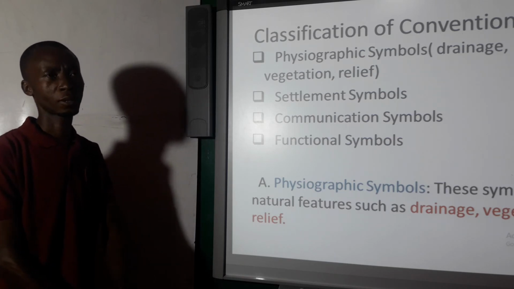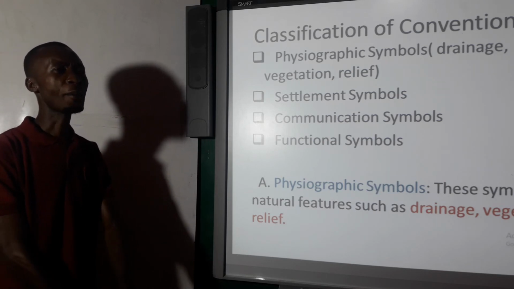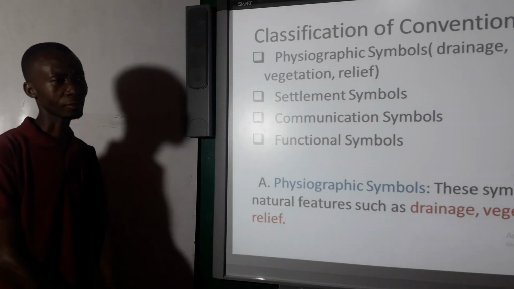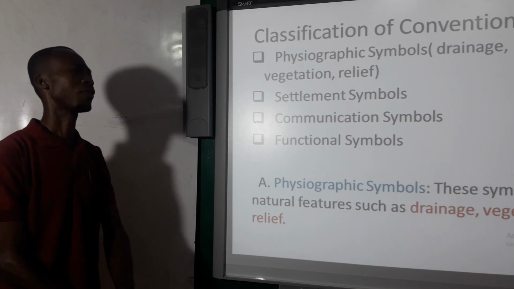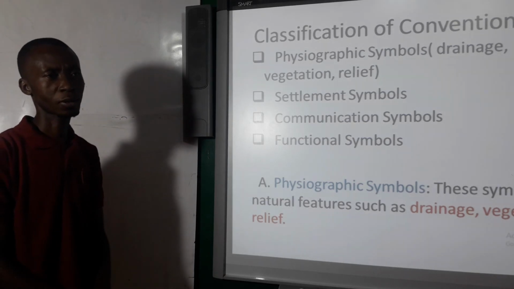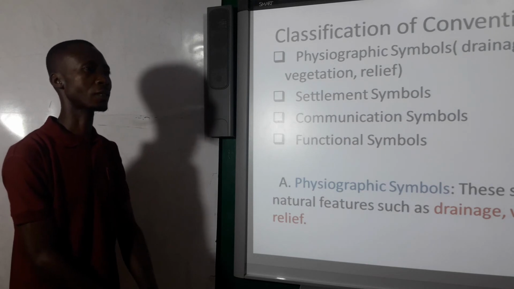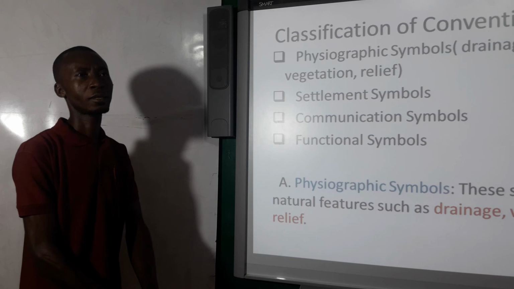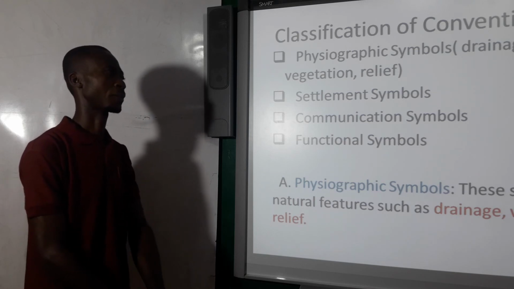Examples are road, footpath. We have symbols that we use on the map to represent these features. And the last classification is functional symbols, in other words, cultural symbols. So we may have a school, we may have a hospital. All these are some of the functional features where we use functional symbols to represent them on the map.